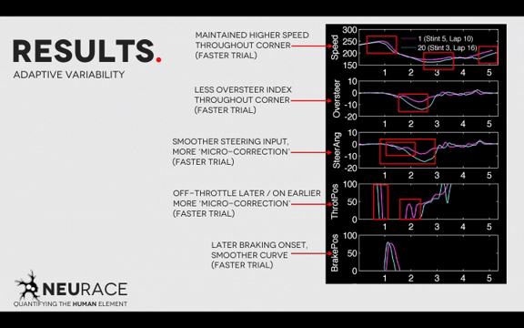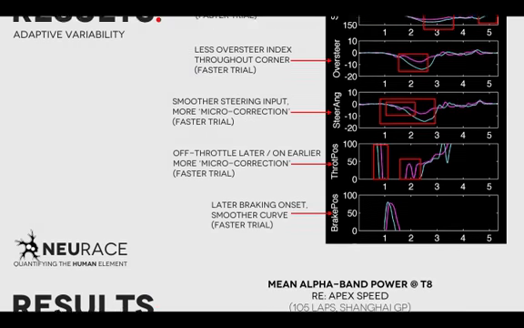This is another marker that we can use for adaptive variability. And finally, on the bottom, later braking but smoother braking is also adaptive for maintaining a higher speed through. So the question is, is this adaptive variability behavior related to some neurophysiological measures?